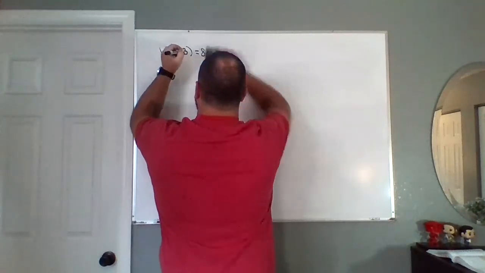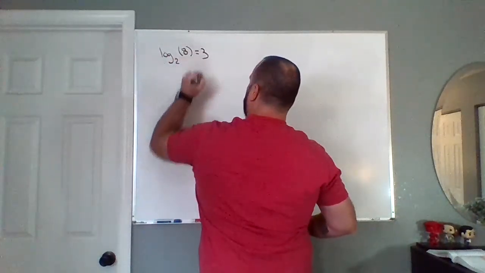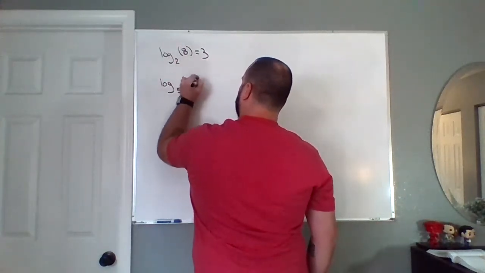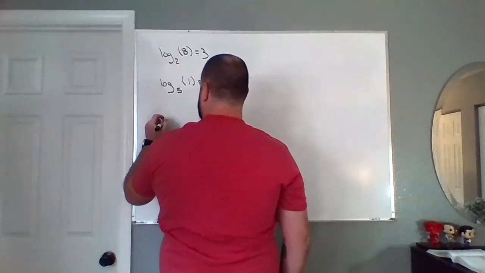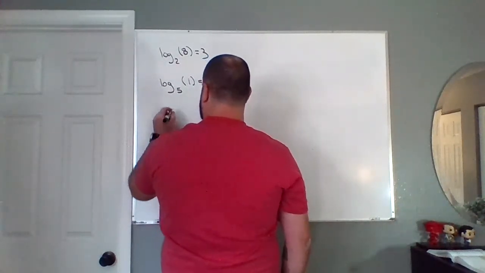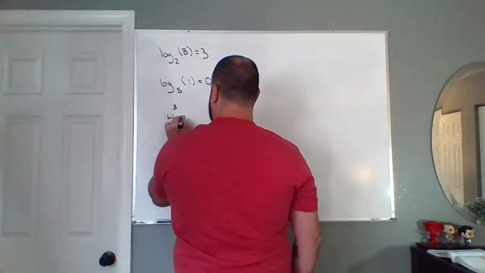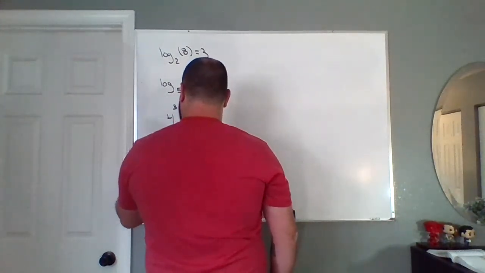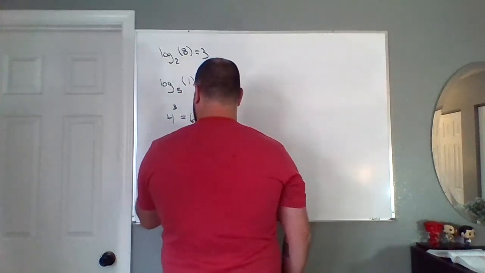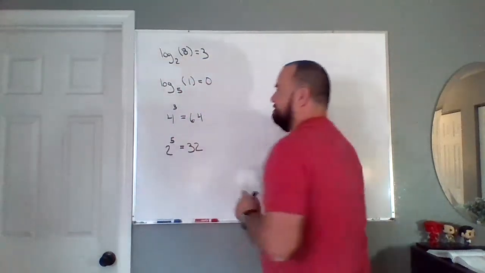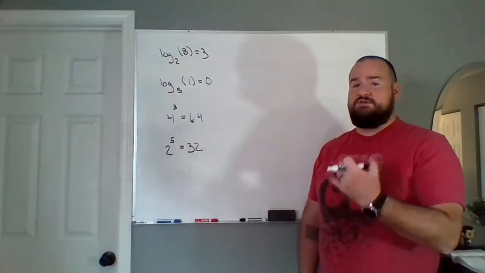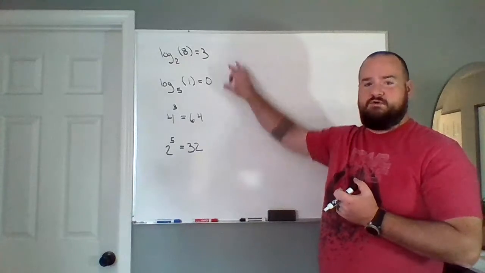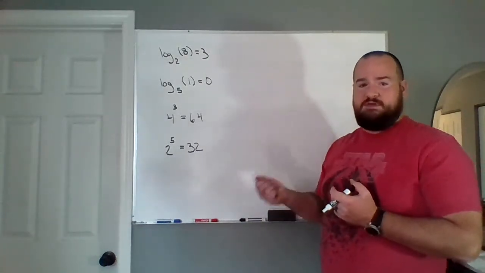So here are 4 expressions. I just want to convert these from whatever form they're in currently. These first 2 are currently in log form. These are in exponential form. And I want to convert them to the other.